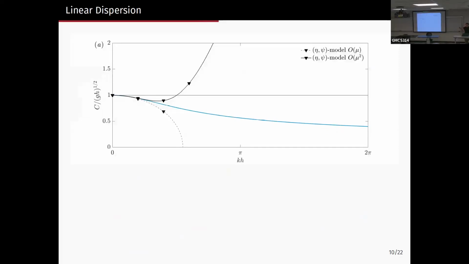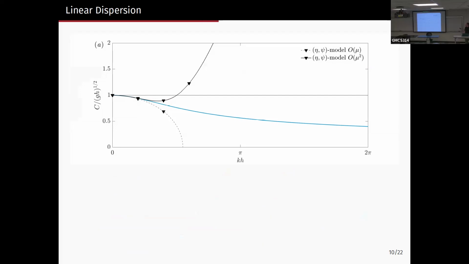So when you derive a model in water waves, the first thing that you want to check is its linear dispersion. So you linearize it, you assume plane wave solutions, and derive its linear dispersion.